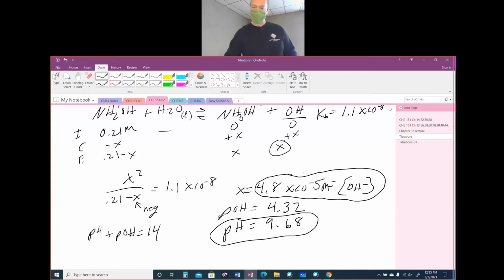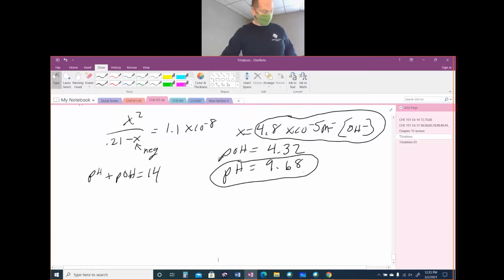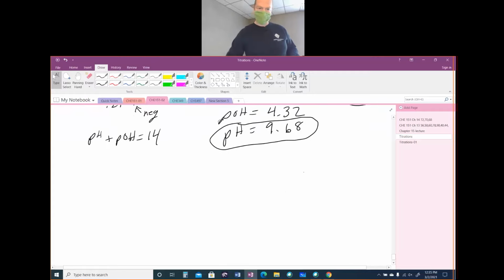All right, the next question has an error in it, which is 16.60. In this case, it just wants to know if this salt is an acid, a base, or neutral salt. A is Na2S.